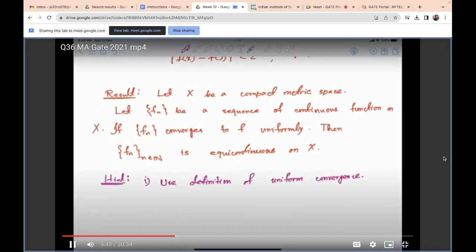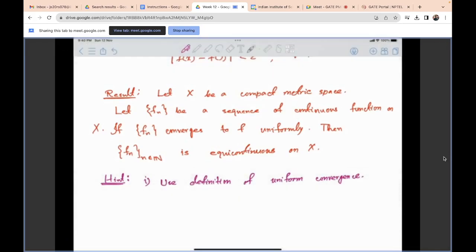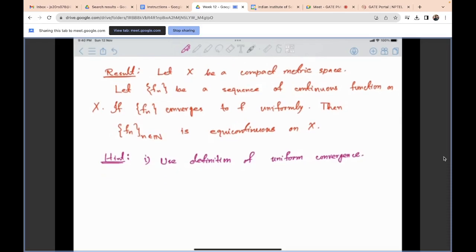Suppose for all y, |fn(y) minus f(y)| is less than epsilon for all n greater than some capital N. So basically here you will use this one: for all y and for all n bigger than some capital N, it will imply |fn(y) minus f(y)| is less than epsilon.